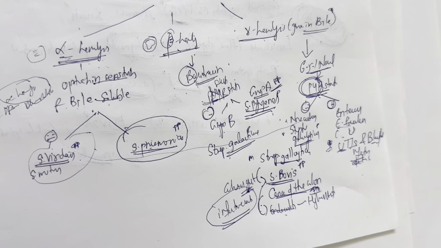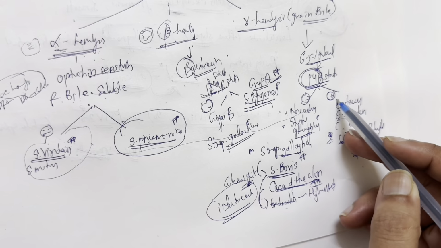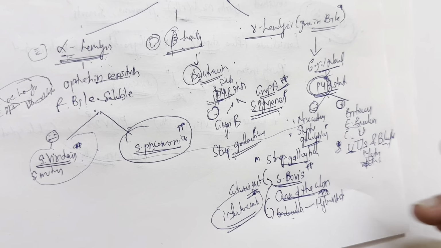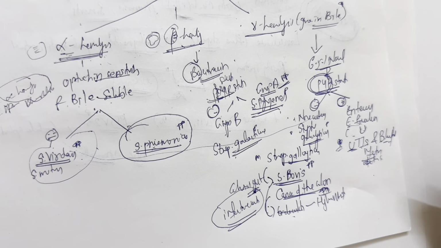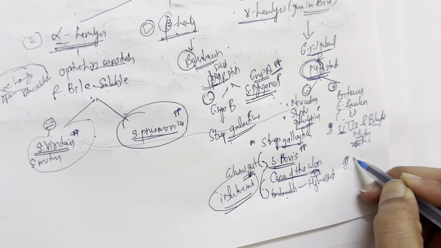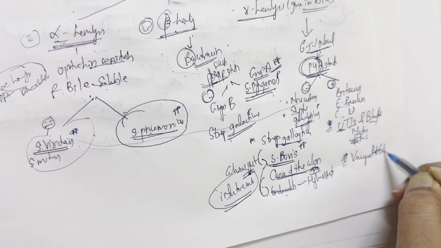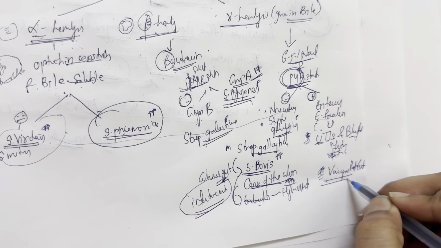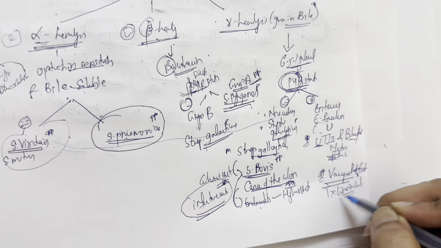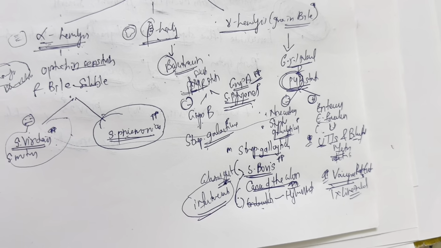Some clues they can provide in the question: the organism is PYR positive and non-hemolytic, because it's gamma hemolysis, so there's no hemolysis. Another major important thing is vancomycin-resistant enterococci, and for these organisms the treatment is linezolid. You need to remember this. It is a very repeated question and a very important point about enterococci.